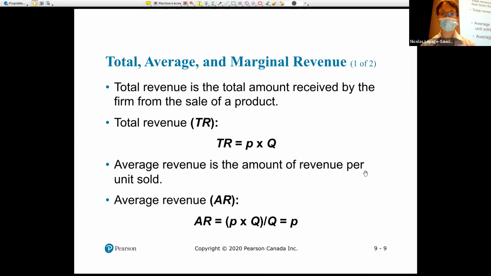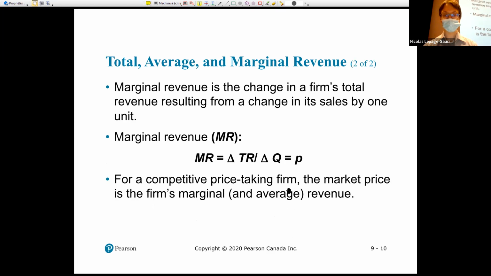And so we have seen that total revenue is price times quantity. Average revenue is price times quantity divided by quantity. So what is it? It is price. What is marginal revenue?